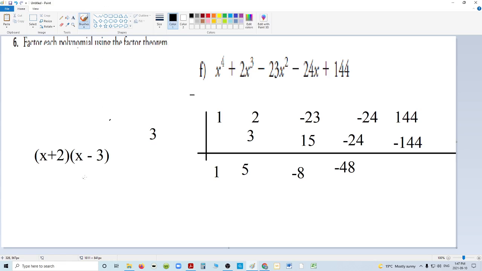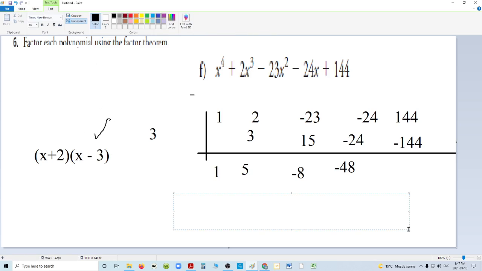Okay, so this is definitely 1. I got x to the 3 plus 5x squared minus 8x minus 48.